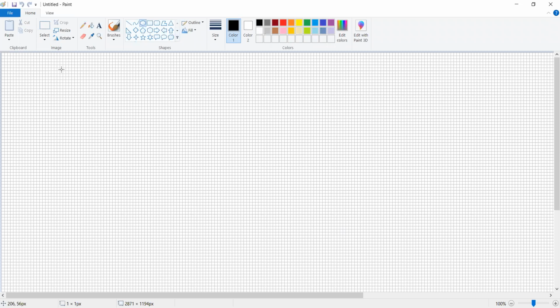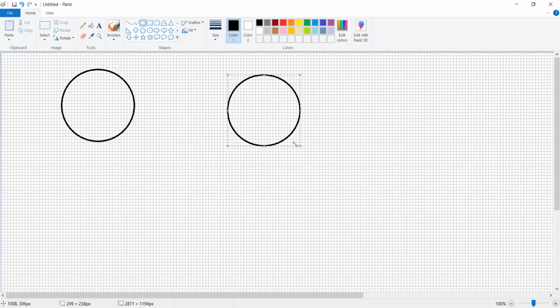Now two more types are there. One is the clock positions, say 12, 3, 6, 9.